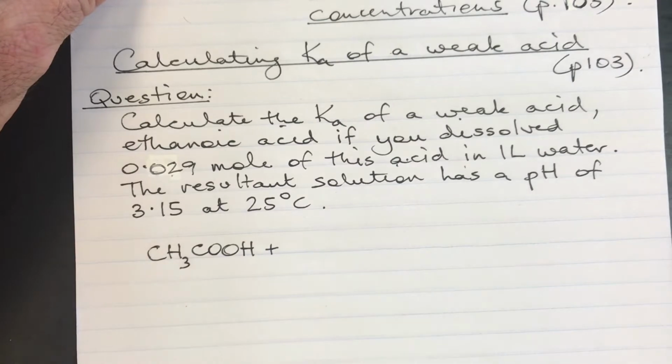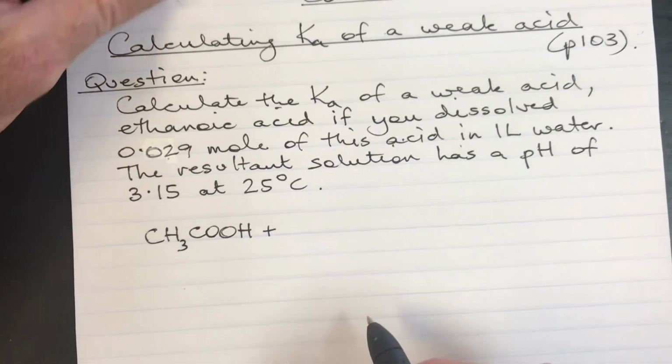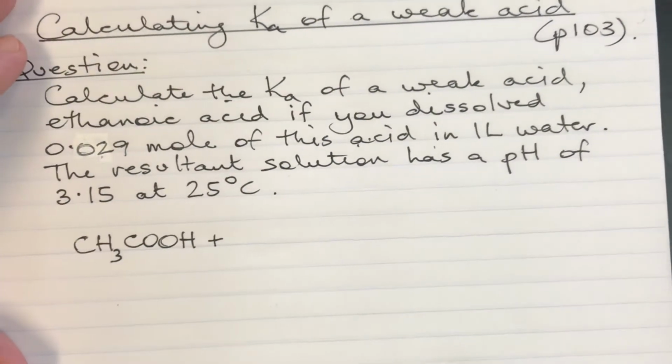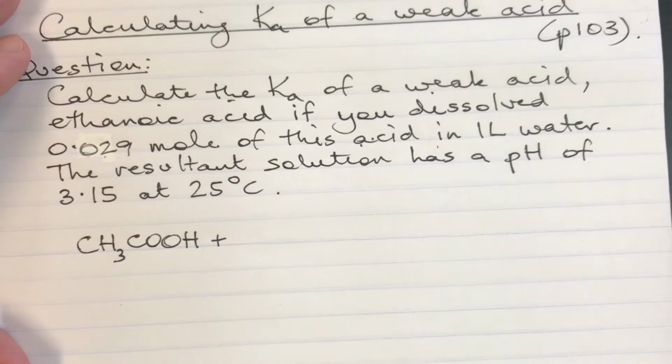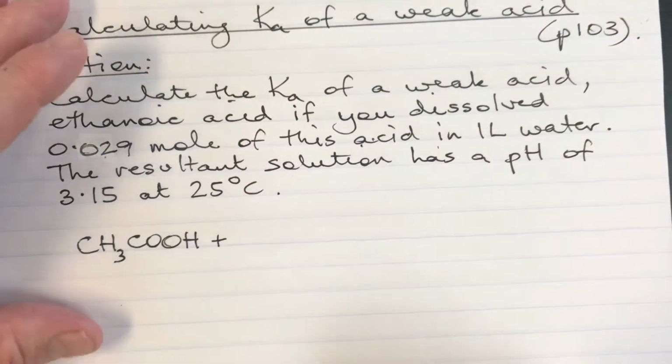So first thing we need to do is to write out the balanced equilibrium expression. So let's have a go at that. I'm going to omit the aq's and l's because I'm running out of horizontal space here.